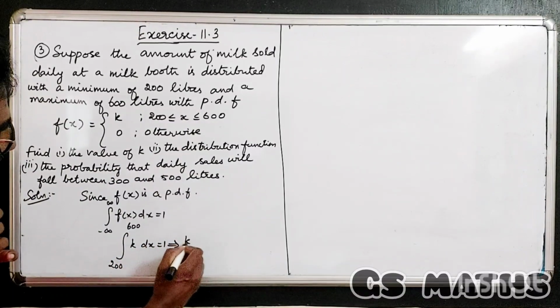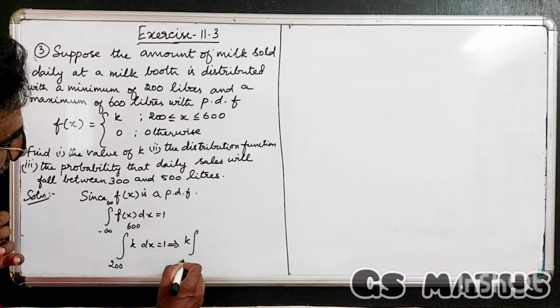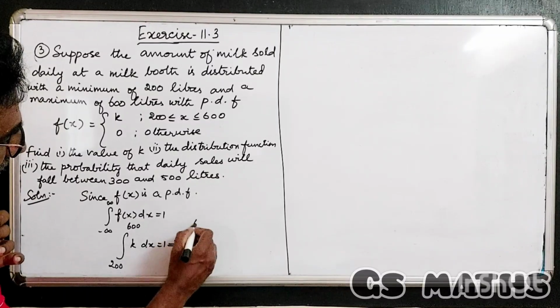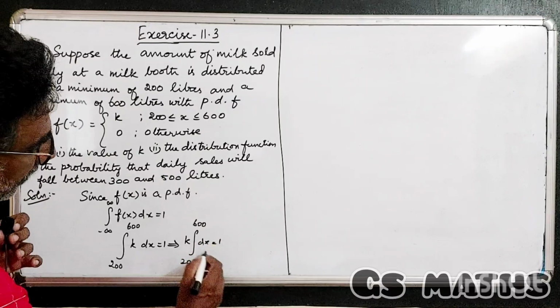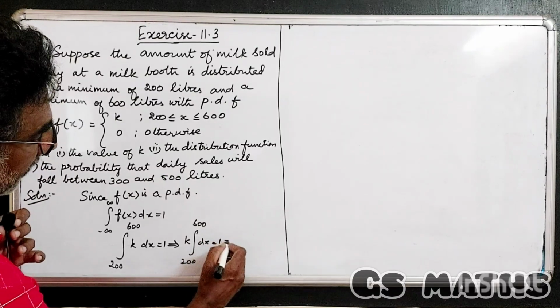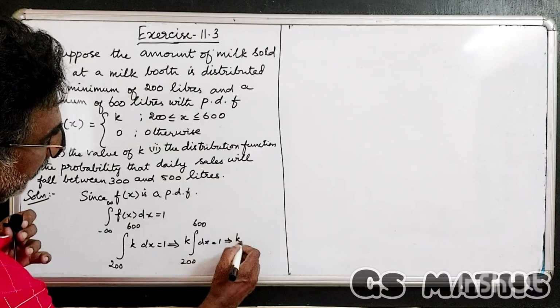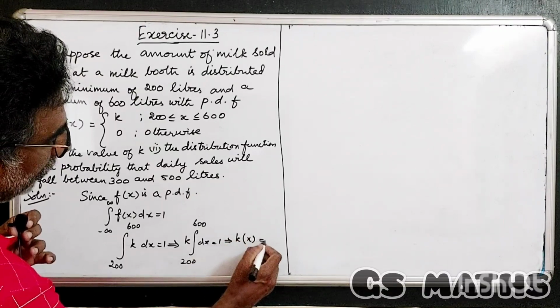k is a constant, so this is simply k times integral 200 to 600 dx, which is equal to 1. Integral dx is x, so k into x, with limits 200 to 600, is equal to 1.